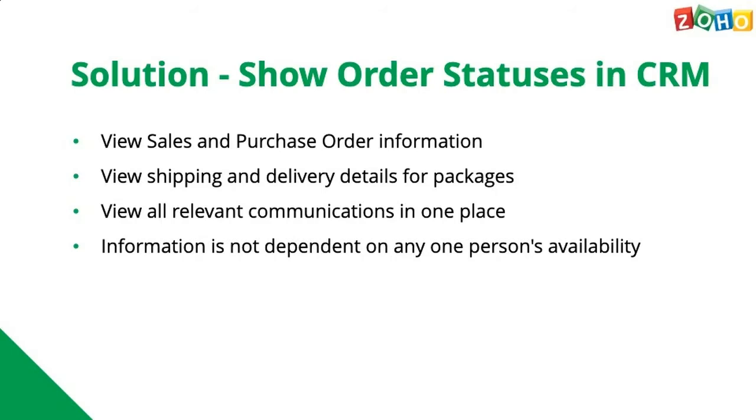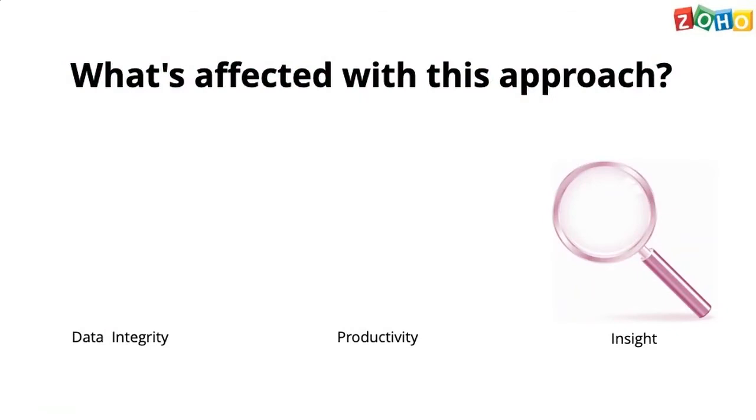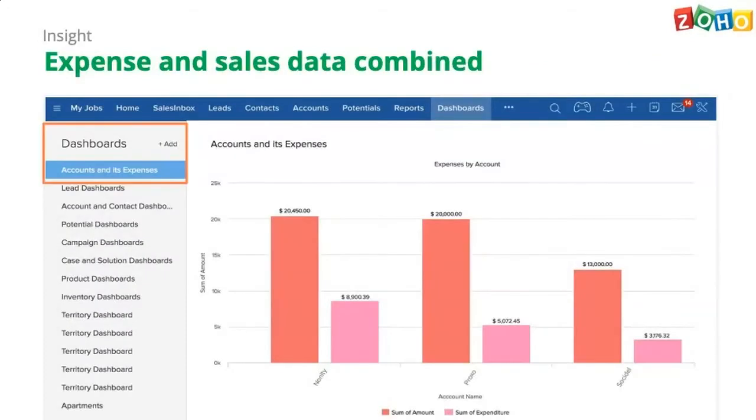All right, so the last one that we're going to focus on before we jump into the super in-depth demo is insights. When we are setting up this integration between CRM and Books, one of the cool things that shows up is a bunch of different finance dashboards that you can create, and also ones that are already generated there.